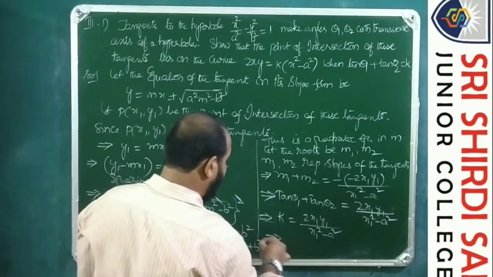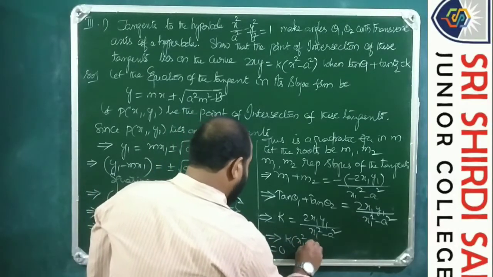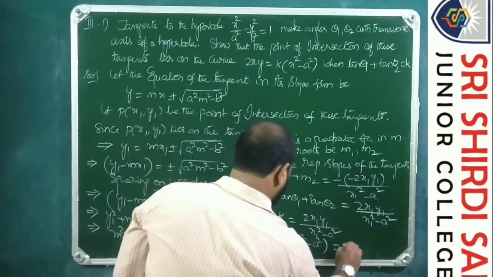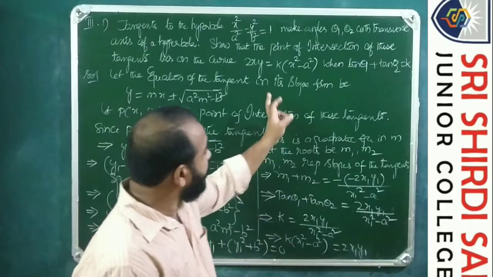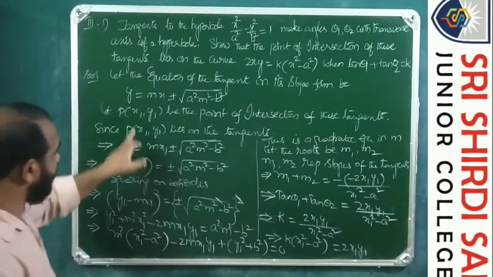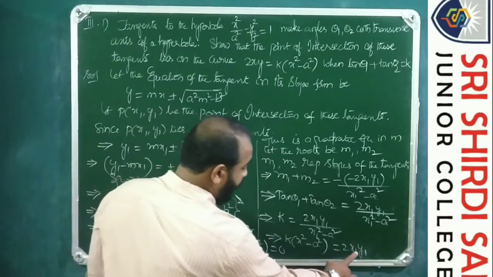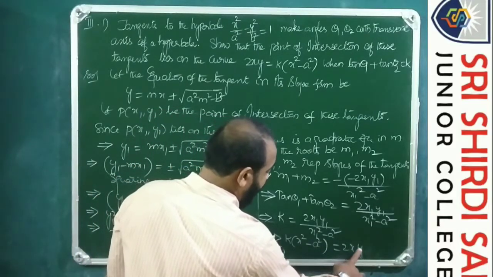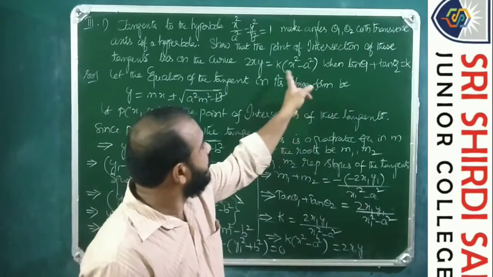Cross multiplying, we get k times (x1 square minus a square) is equal to 2 x1 y1. Therefore the locus of the point P(x1, y1) is k (x square minus a square) equals 2xy. So this is what we needed to prove.